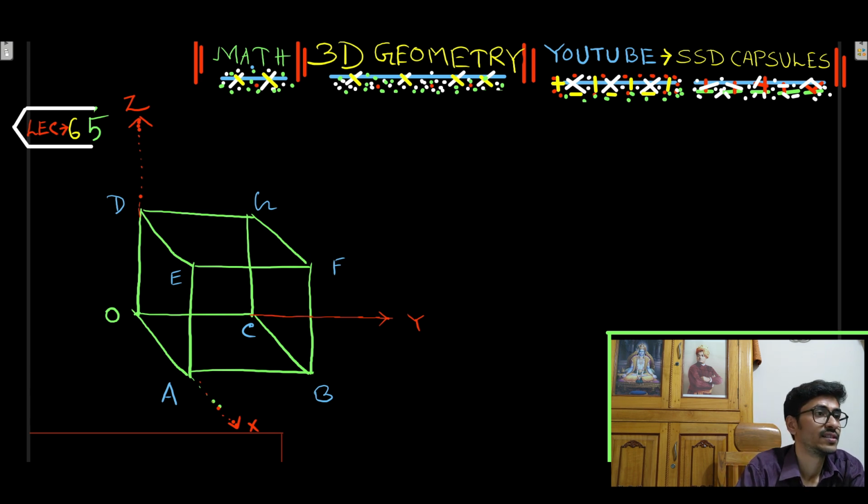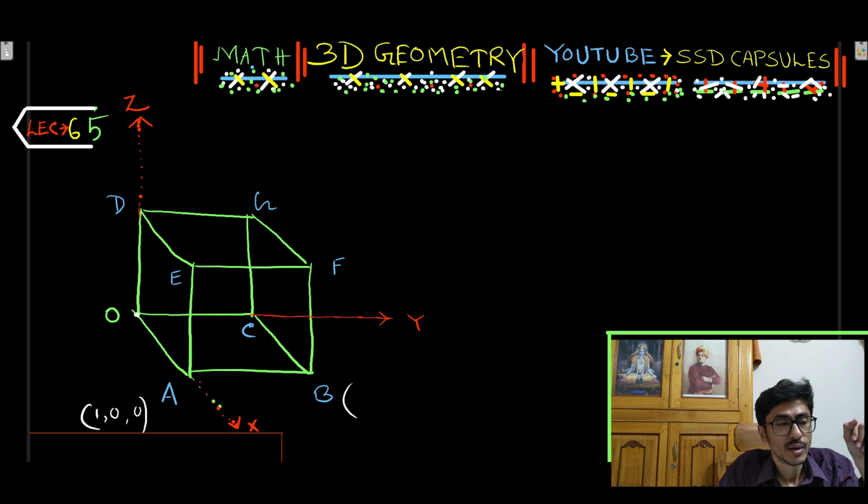What are the coordinates? If we consider the point A, if we start walking from this origin O towards A, it is 1 unit towards x-axis, 0 unit towards y-axis and 0 unit towards z-axis. So 1, 0, 0 is the coordinate of the point A.